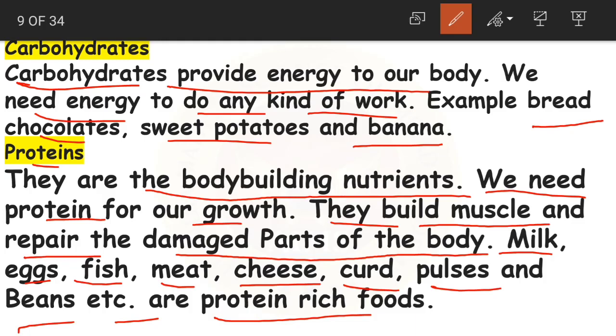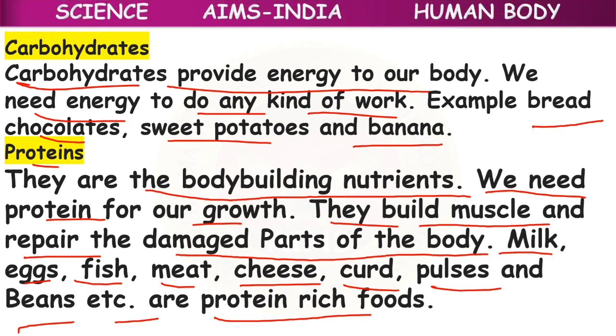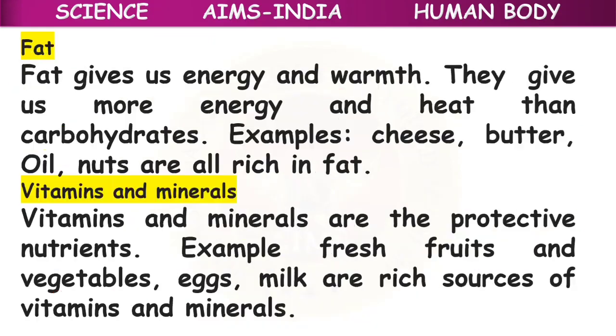See, carbohydrates provide us energy. Proteins are going to build our body and give good growth to our body. So because of that, you have to eat eggs, fish, meat, cheese, curd and all these pulses, and you must also take milk.